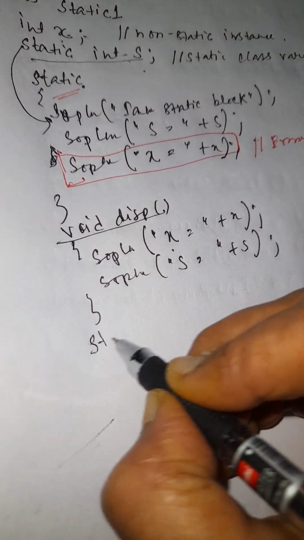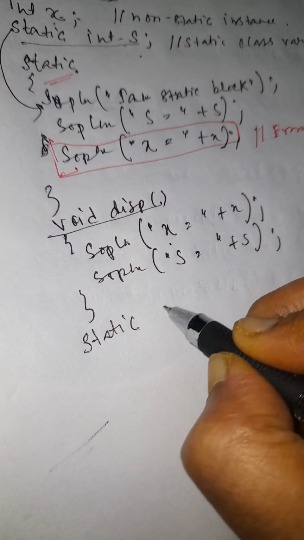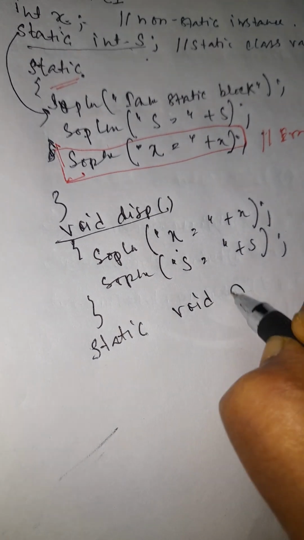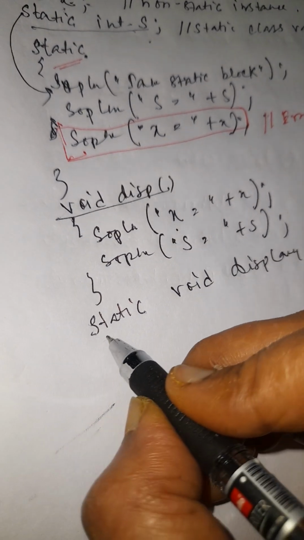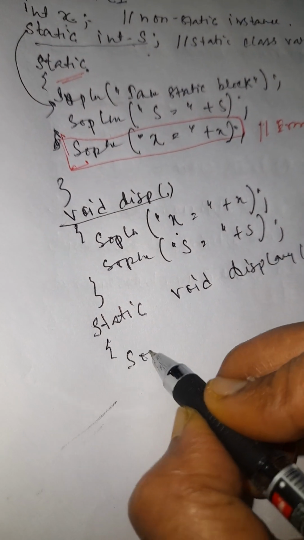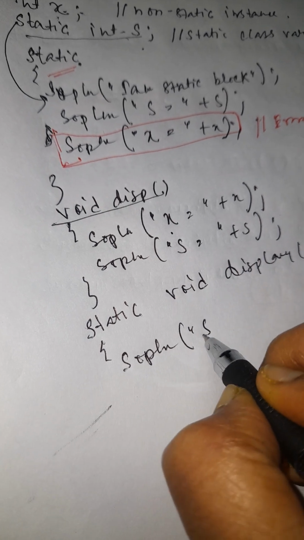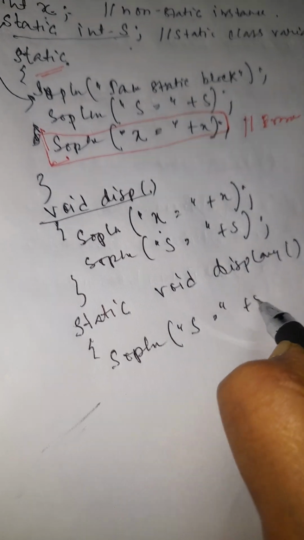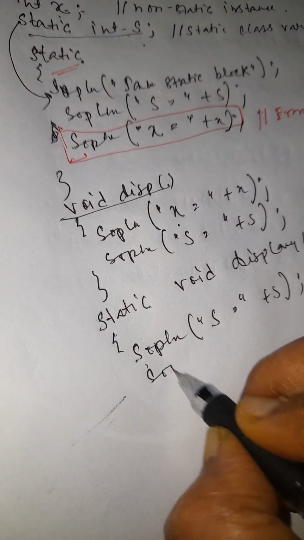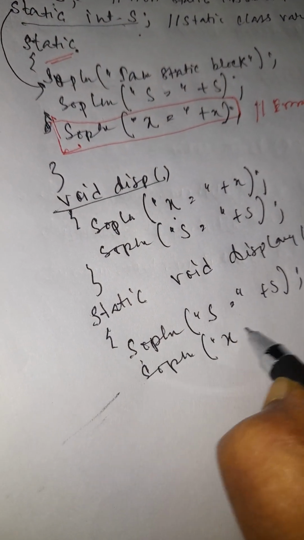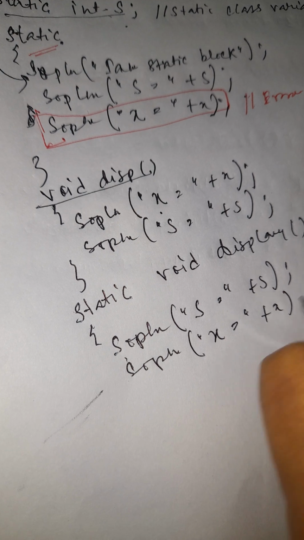Maybe I have one more method, that one is a static, maybe void display. Clear? This one is a non-static method. Here you can print only the static variable. If you want to print here SOPLN x equal to plus x, same thing.